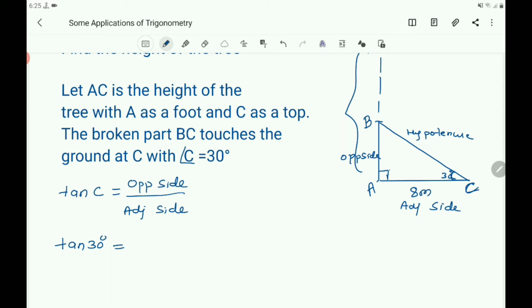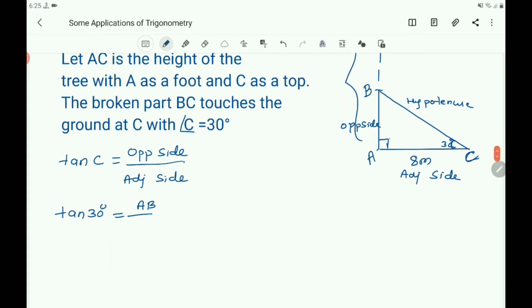Opposite side to the angle C is AB and adjacent side is AC. The value of tan 30 is 1 by root 3. So you take 1 by root 3 equals AB by 8.